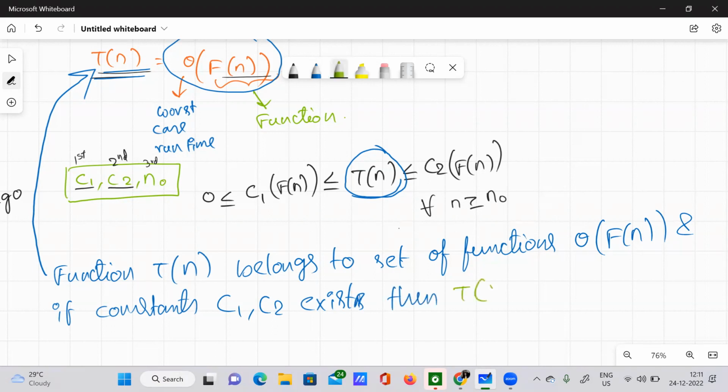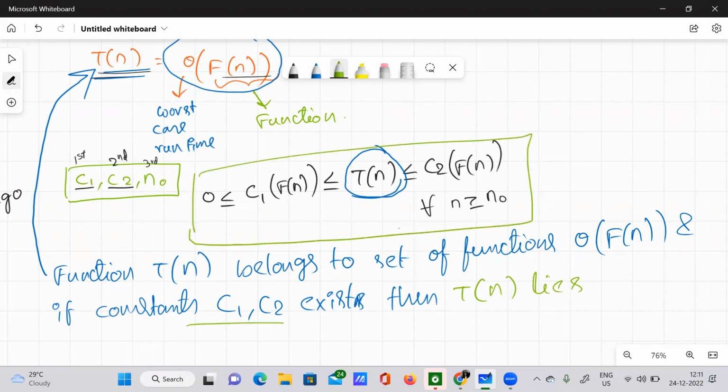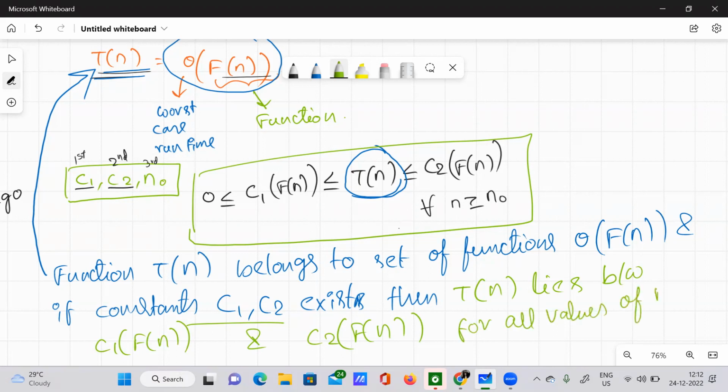Then T of n lies. So we are actually talking about this particular equation. We are saying if constants c1 and c2 exist, then T of n lies in between c1 of f of n and c2 of f of n for all the values of n.